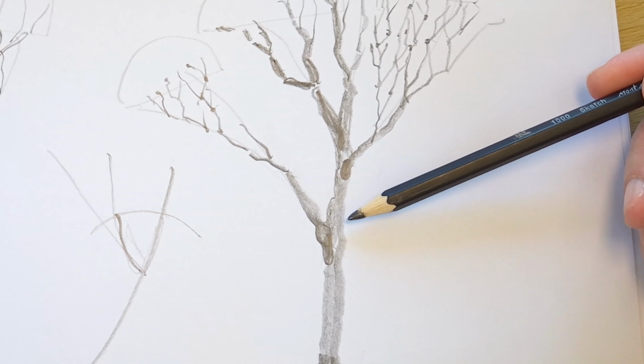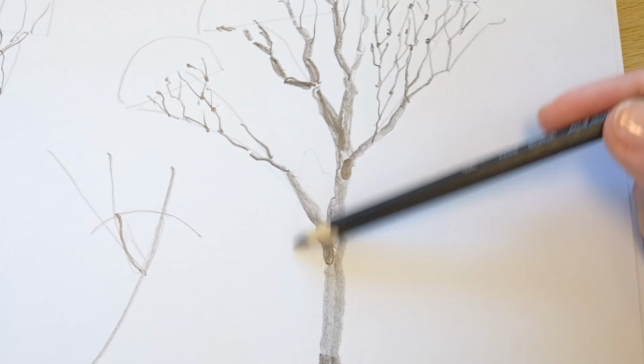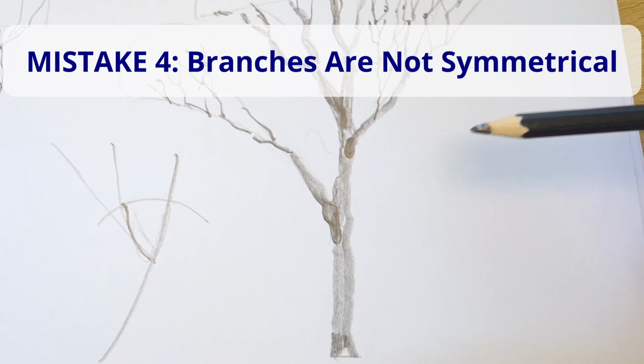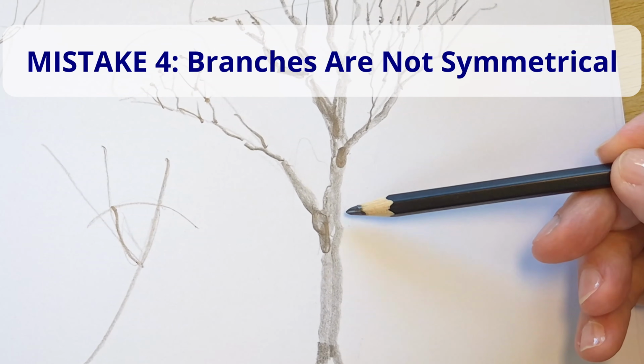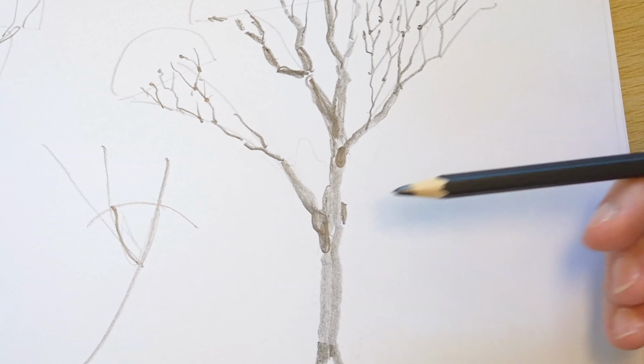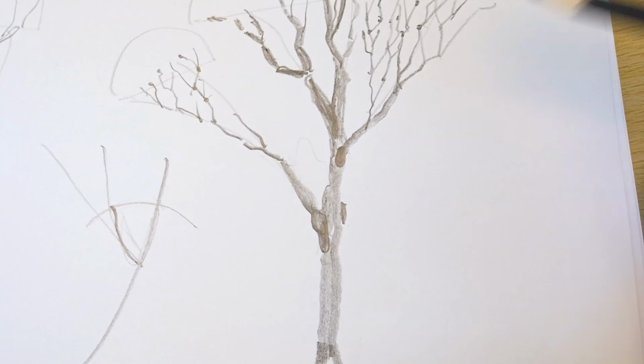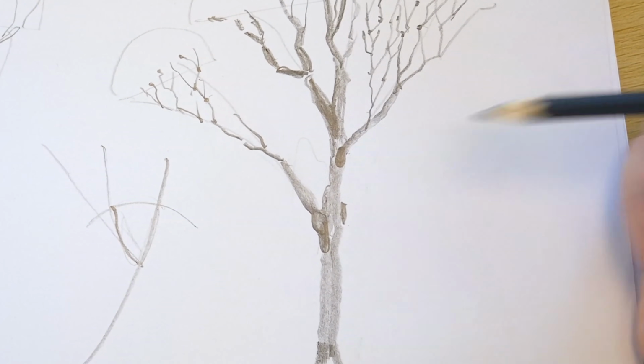Let's do a branch that comes out towards the back and one that comes forward. Just before we move on to backwards and forwards branches, let's keep in mind another common mistake, and that's making branches symmetrical. Trees are very rarely symmetrical, and it's best to keep it as random as possible.